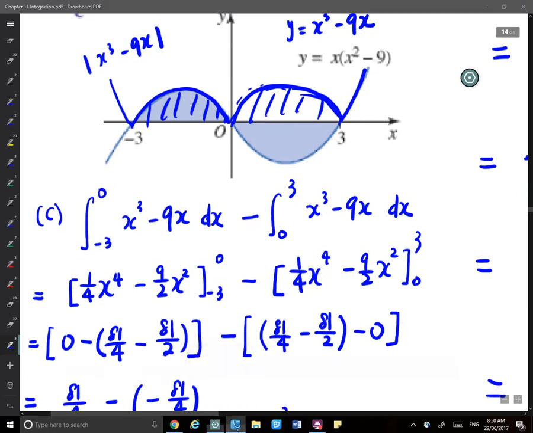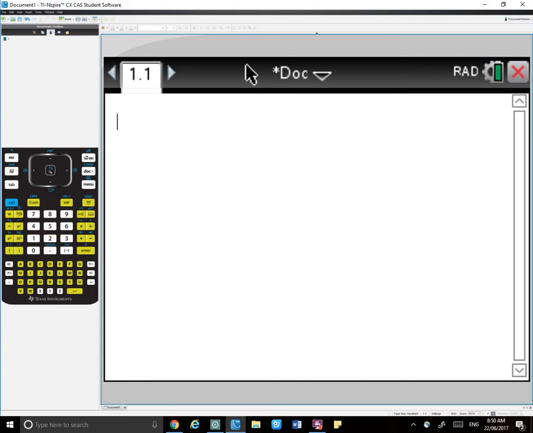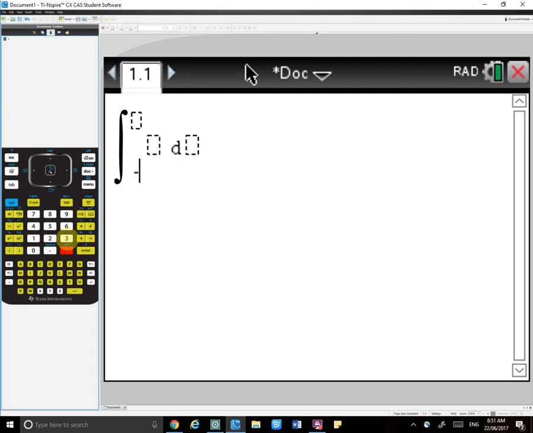So if I have my calculator out, the integral sign is the shift button and plus. You can directly have the integral, from negative 3 to 3. Where's the absolute sign?